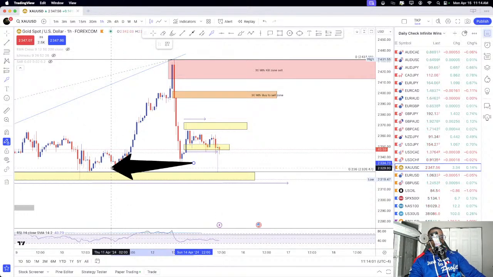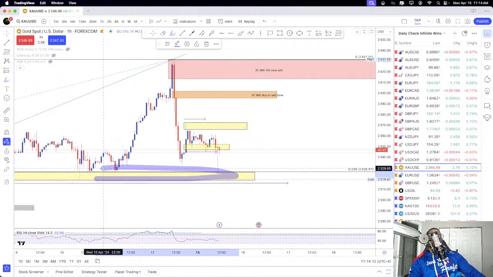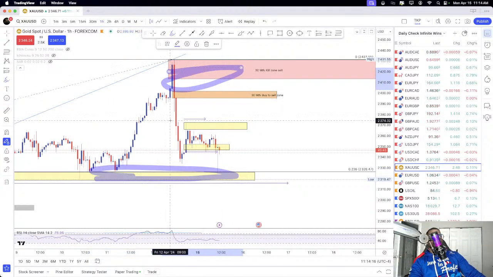But with this being a macro level of support right here, if you only take trades from those levels, like I said, so major level, if you only take trades from major levels, you avoid these crazy wicks.